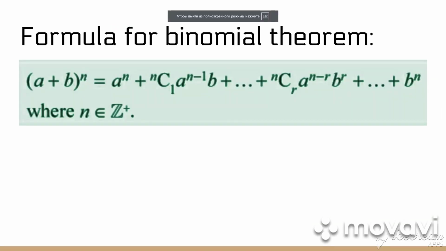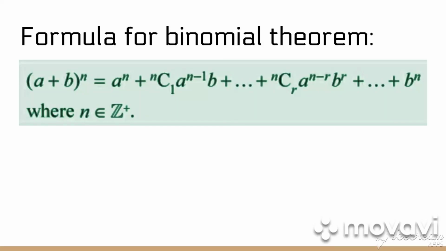And this is the formula for the binomial theorem. The binomial theorem is a theorem that is used to represent the opening of the brackets. Sometimes it is called the binomial expansion. As you can see, this formula shows the general formula for opening the brackets.